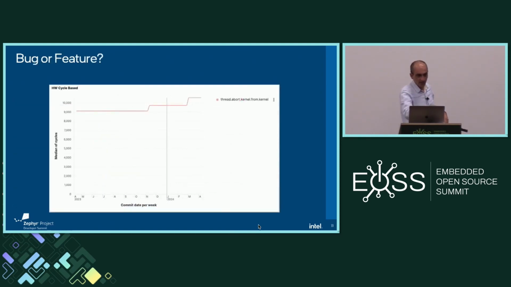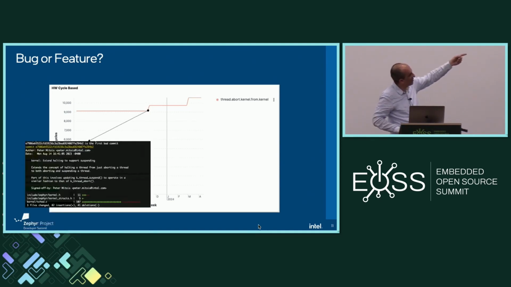So here, that's basically one of the tests that we have. It's the kernel abort test from the kernel. And you will see that this is like a step function. One change happened in November, and the other one was in early March. I bisected.